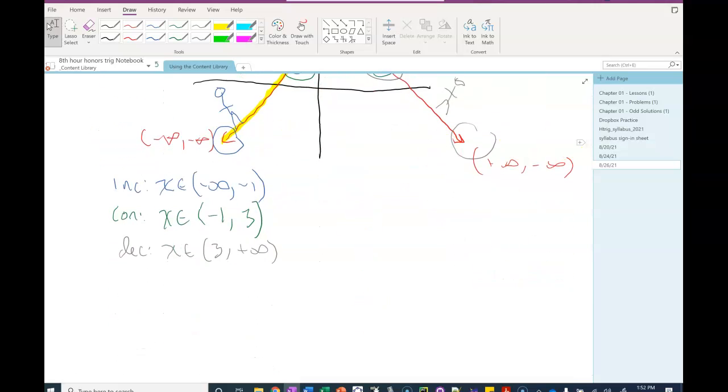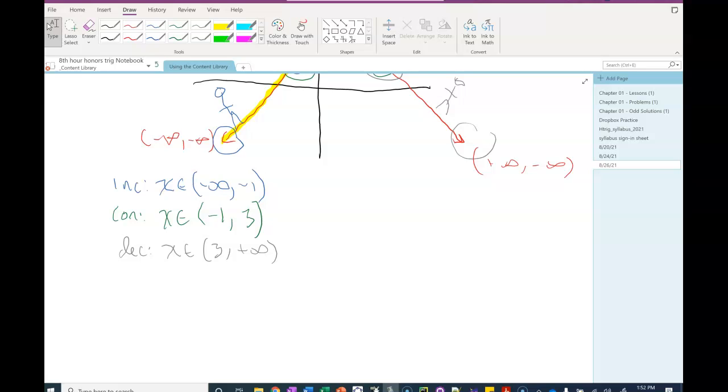Let's look at a slightly more challenging example here. For this example, I'm going to generate the graph digitally so that it's a little bit more clear. The other advantage of doing it this way is that it'll look the same as if I was to do something similar on the test and give you a graph and ask you to do this for it.